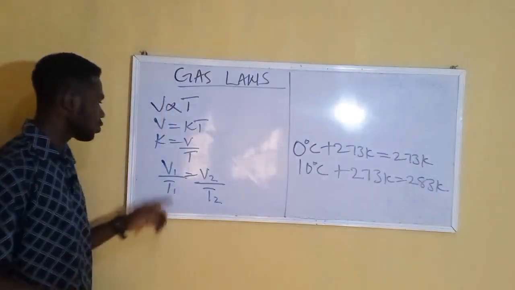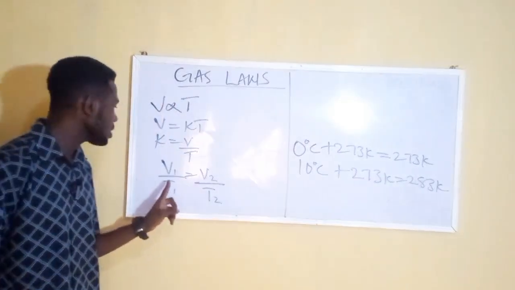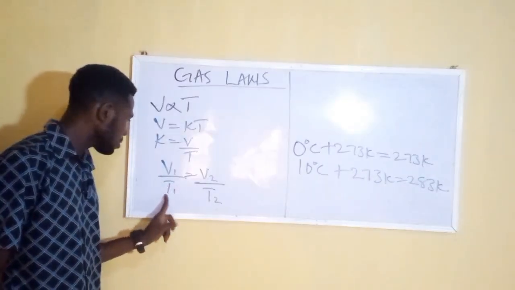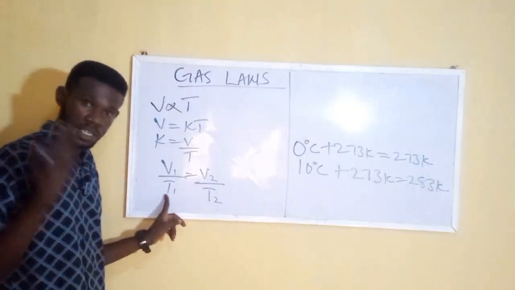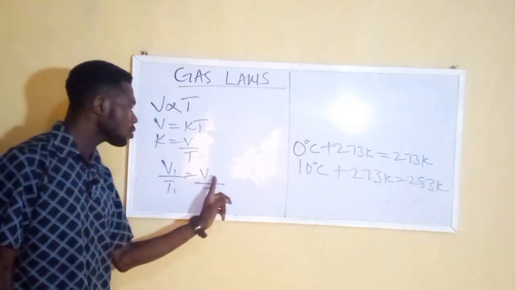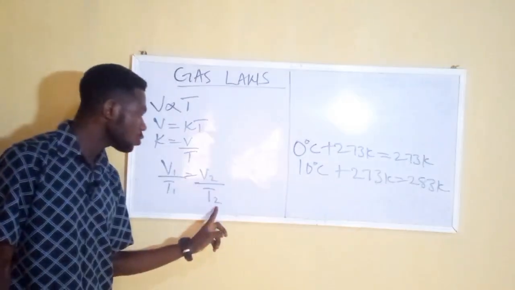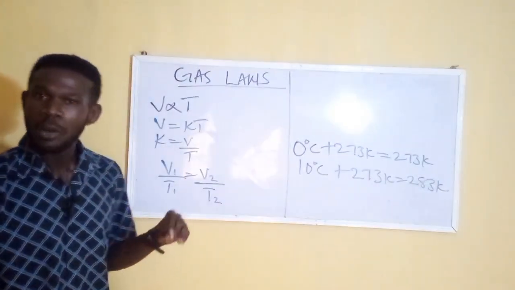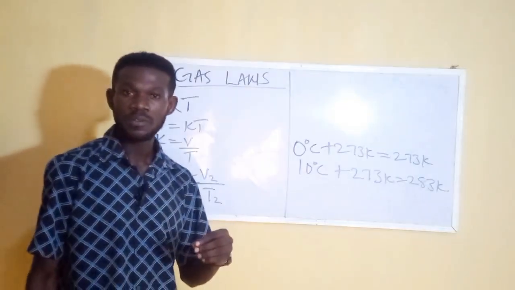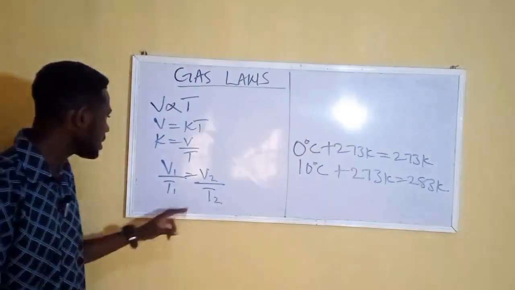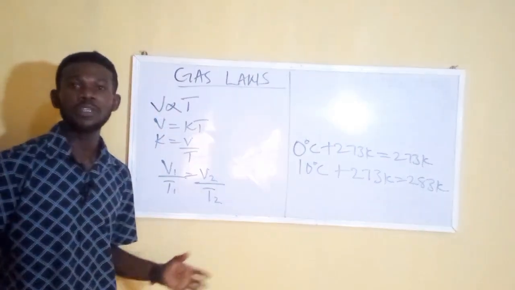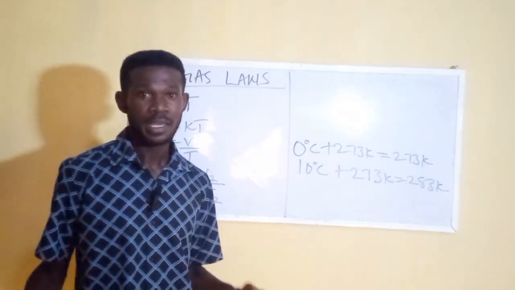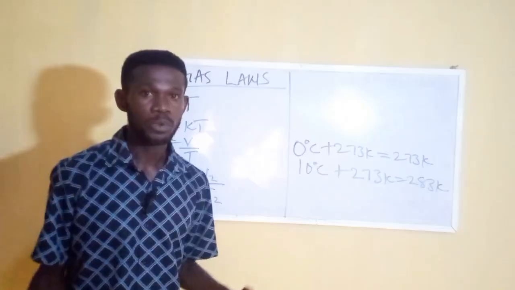What is V1? V1 stands for the initial volume, and T1 stands for the initial temperature, V2 stands for the new volume, and T2 stands for the new temperature. Whatever parameter is missing, you can insert it here and make it the subject of the formula, and carry out your calculation. It's that easy. It's not even difficult at all.